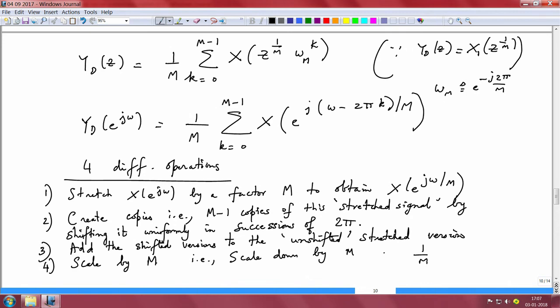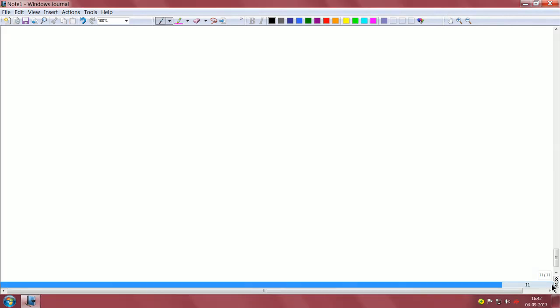Okay, so there are 4 different operations happening, and you have to realize that the stretched version, that is X of e j omega upon m, is itself not 2 pi periodic, but after adding these shifted versions it is 2 pi periodic. So it is good to imagine how this spectrum really looks.